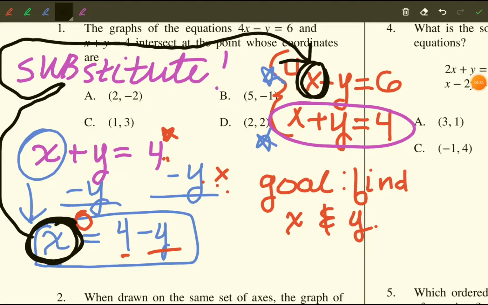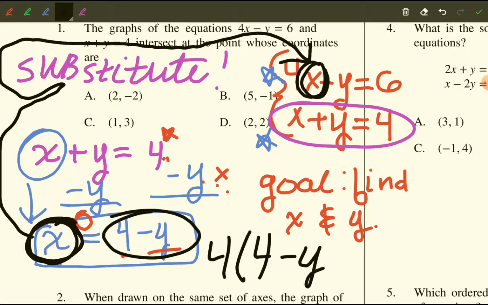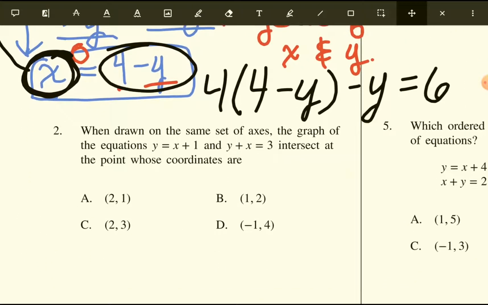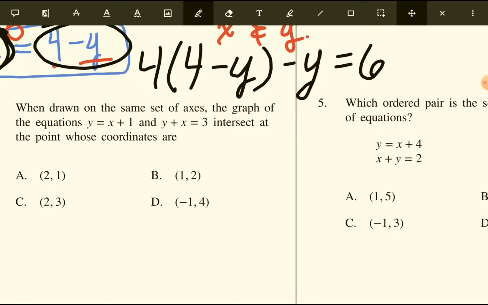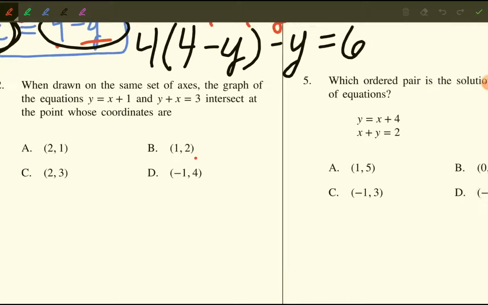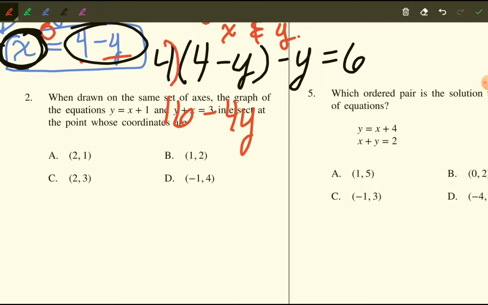Okay. So now my problem looks like this. 4 times parentheses, x, but x is 4 minus y. And then don't forget this minus y also. So another minus y equals 6. And so now I'm going to solve. So that becomes 16 minus 4y. So we distribute.